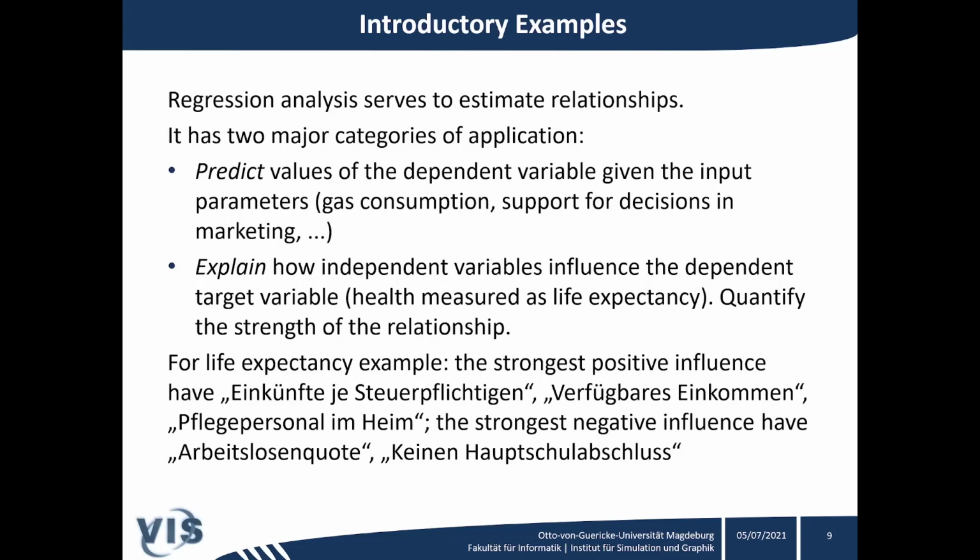So the goal is to quantify the strength of the relationship. For the life expectancy example, the strongest positive influence have income per taxpayer, disposable income, caregivers in the home, and the strongest negative influence have unemployment rate and not having a high school diploma.